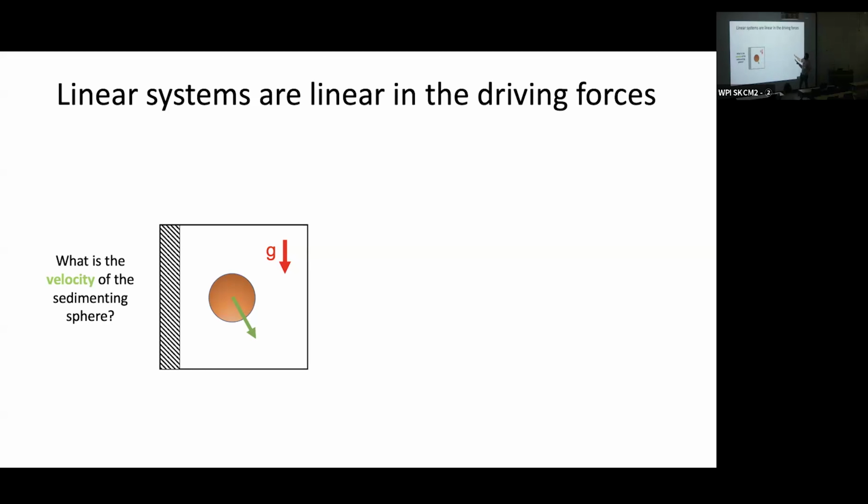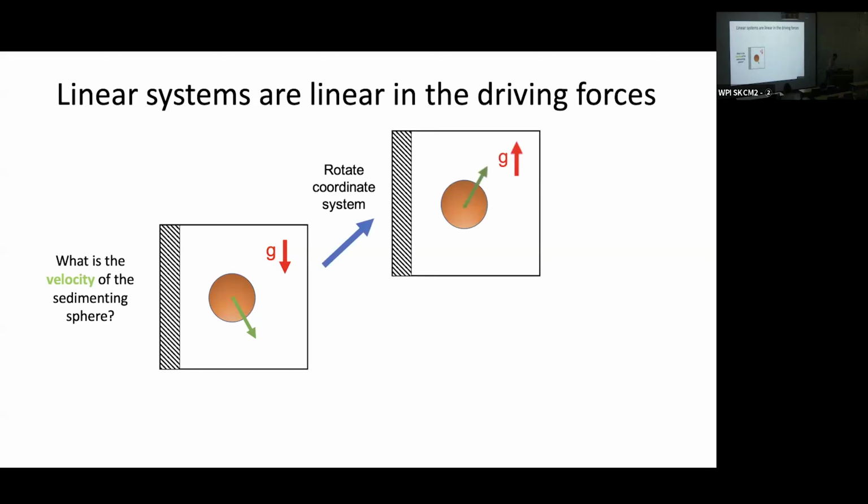Well, we know linear systems are linear in the driving forces. We'll use that point. But first, let's just rotate our coordinate system. That's a perfectly legitimate thing to do. And look at the falling sphere from the other side. I just rotate the coordinate system around the wall normal. So you get gravity pointing up and the arrow pointing up as well, the velocity arrow.